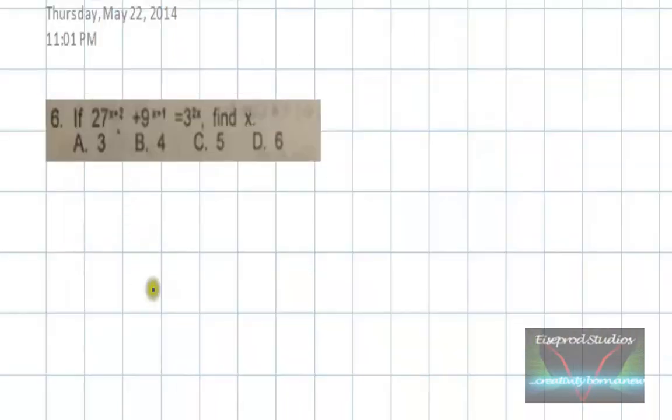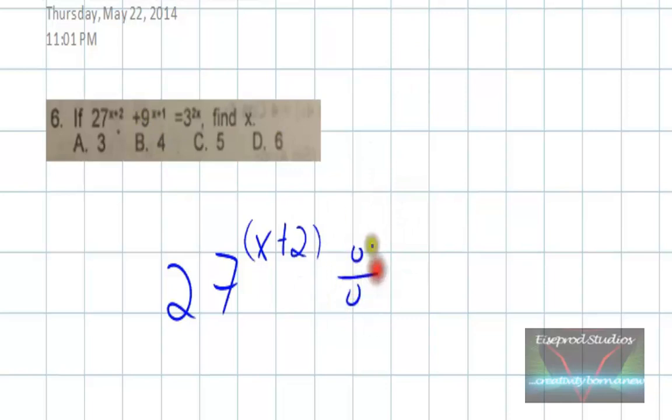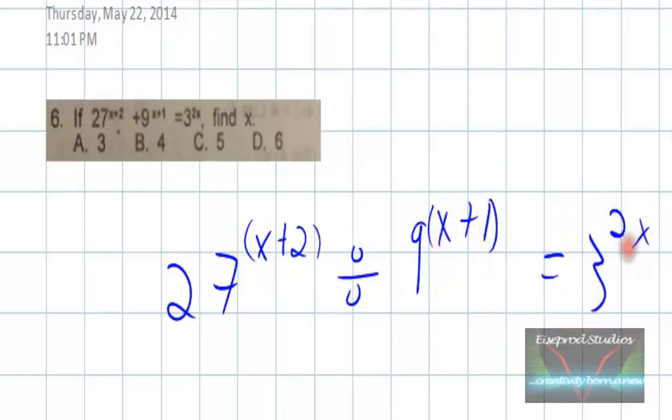Alright, so question 6 gives us numbers with a lot of exponents. It has 27 to the x plus 2, divided by 9 to the x plus 1, is equal to 3 to the 2x. And so what we're going to do is change this 9 and this 27 a little bit.